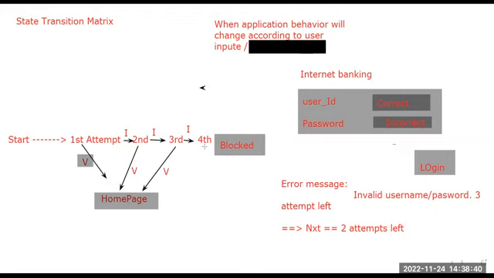What will happen? It will not accept. Correct, guys? In the fourth attempt, your card is blocked. Even if you remember your username and password, your account or card will remain blocked. Yes or no? All of you are understanding this?